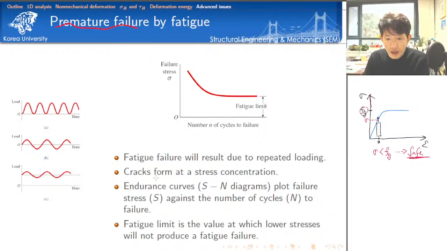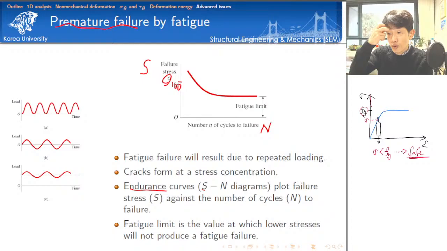Then there exists the so-called endurance curve, the SN diagram. The vertical axis is stress, and the horizontal axis is the number of cycles. For example, consider a stress range of 100 megapascal.